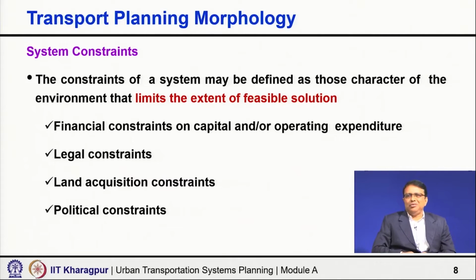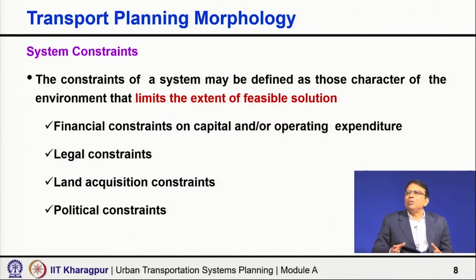I have seen on several occasions people come out with some solution of a problem which can never be implemented, because probably there is a religious place which you cannot relocate, or you need to widen a road which you cannot do because you cannot acquire the land, and so on and so forth, okay?